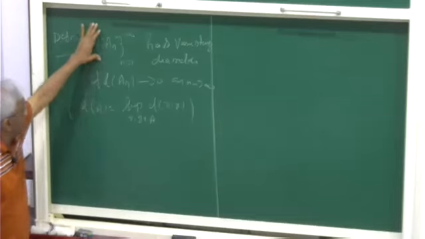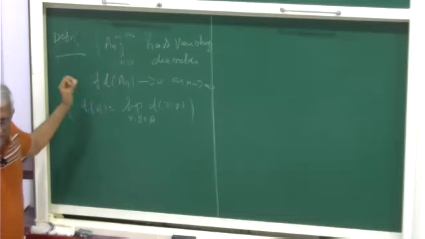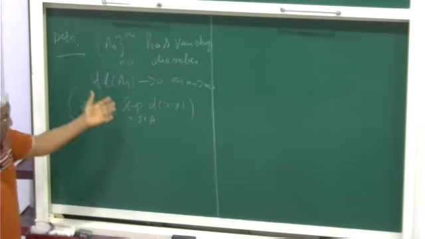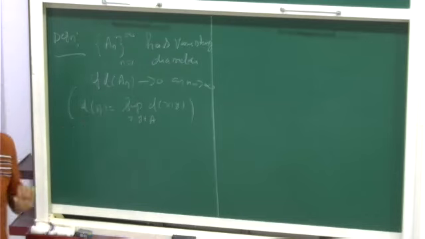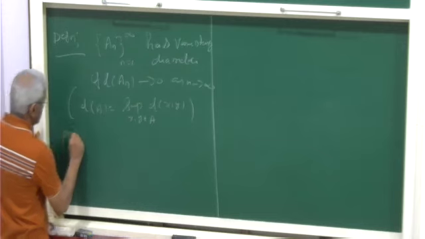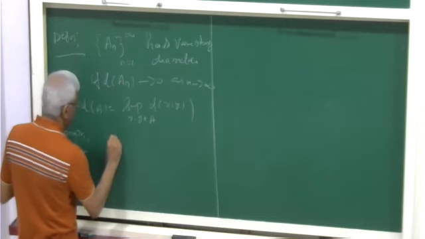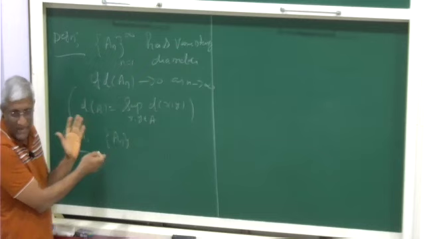Then you have a collection of sets. We say that it has vanishing diameter if d of A_n goes to 0. That's all. Then the proposition is the following. These are all happening in a metric space.